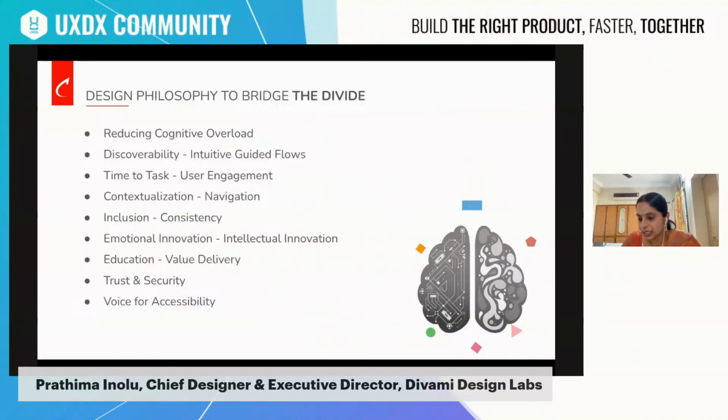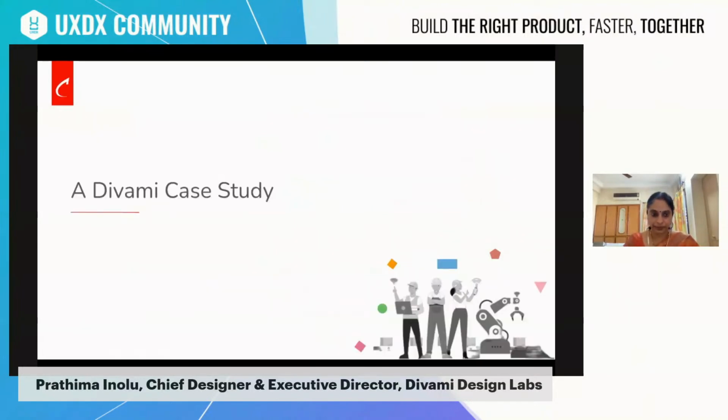One of the key things that I believe could make a huge difference to bridge this divide is voice enablement, and supporting all the possible languages, because not all people are comfortable with English, and not all people are comfortable writing and typing. So if we could enable voice, I think we will be able to take it to the next level. I'll just take a simple case study.